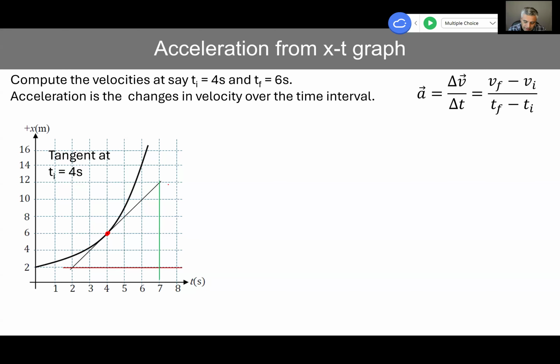For that, I need to find the rise and run. Average means this over this, rise and run.